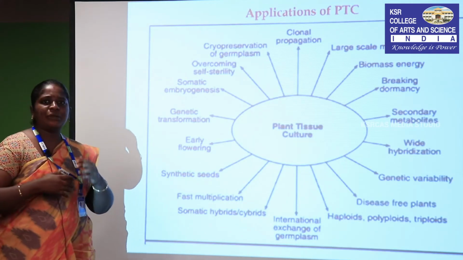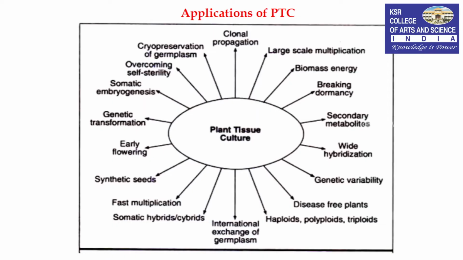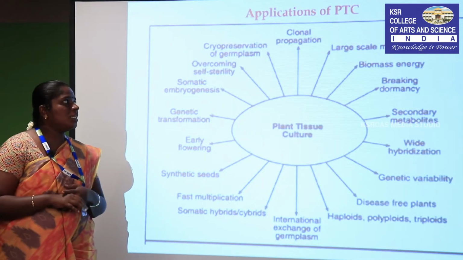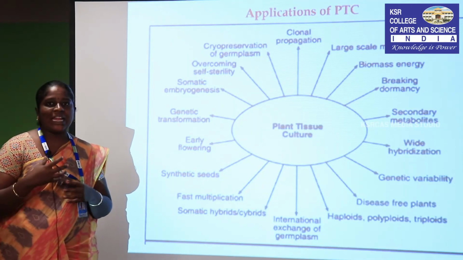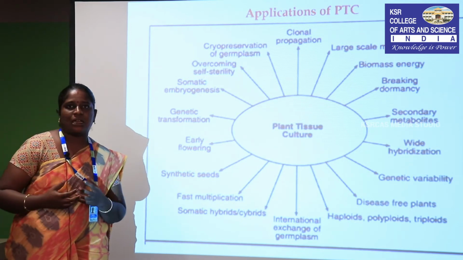Next we are going to discuss plant tissue culture. What are the applications of PTC? Clonal propagation, large scale multiplication, breaking dormancy, and secondary metabolites, which I already mentioned, like flavonoids, terpenoids, alkaloids.